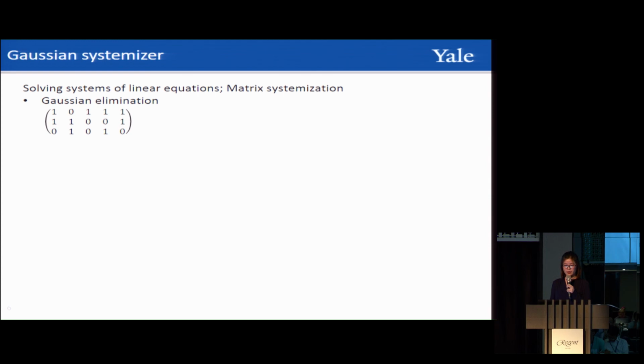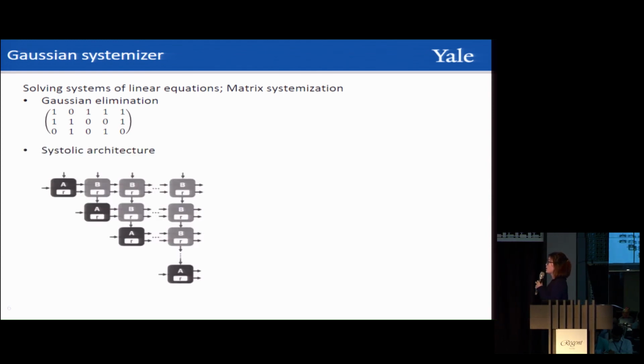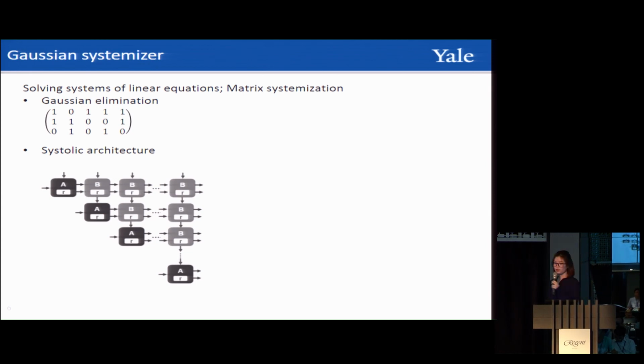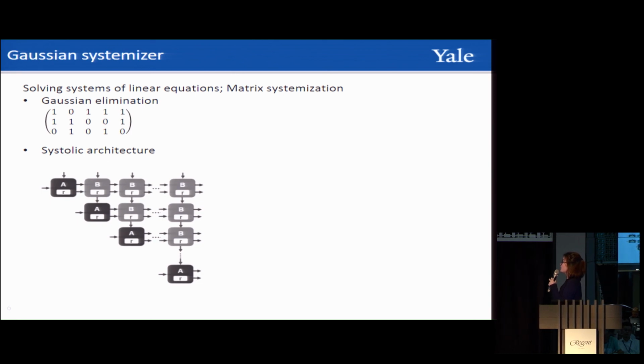Now let's say we are given a matrix. In hardware, you can simply build a systolic architecture, which looks like this. And then what you do is you just feed the matrix from the top of the architecture, and then the output from the architecture will give you the eliminated format.